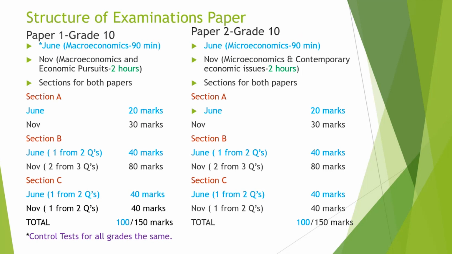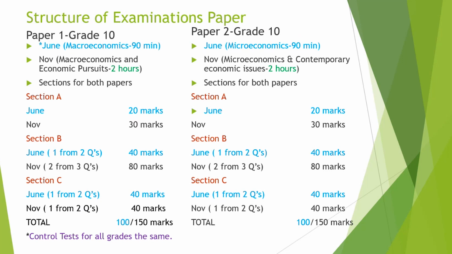Now, paper 1 is normally made up of the topics on which we set the paper. Paper 1 is coming from macroeconomics and economic pursuits. That is prescribed, and we cannot do otherwise. We cannot put microeconomics topics in a paper 1.